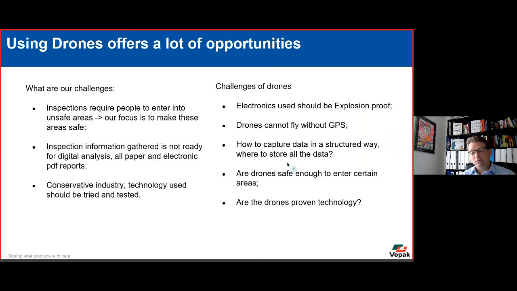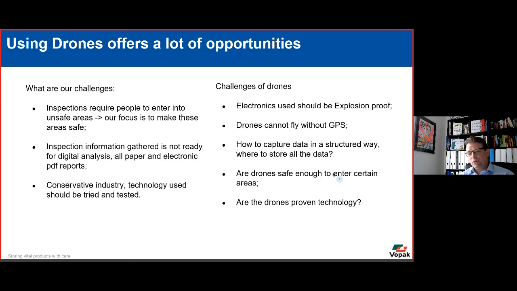All that information will be typed into a computer. It goes into a PDF file. It goes into a filing cabinet. But basically, the data is not used to its fullest. It's basically dead data, and we want to make use of the data much more.